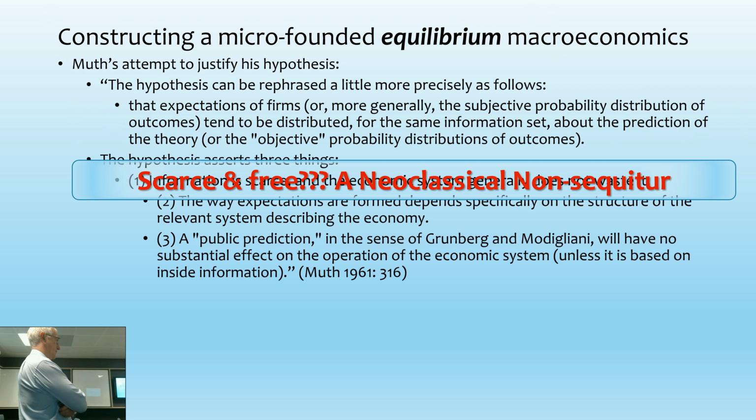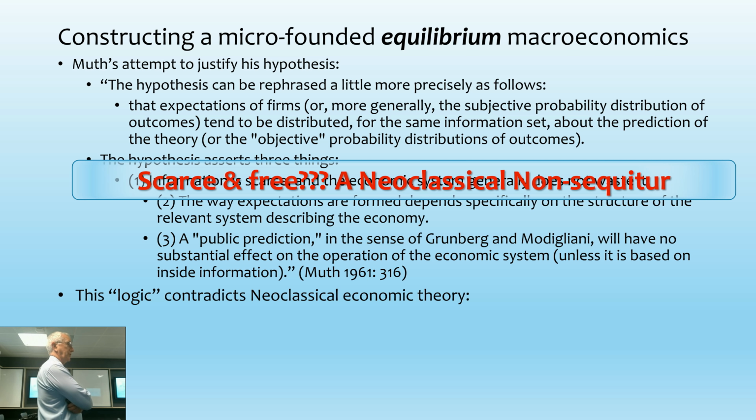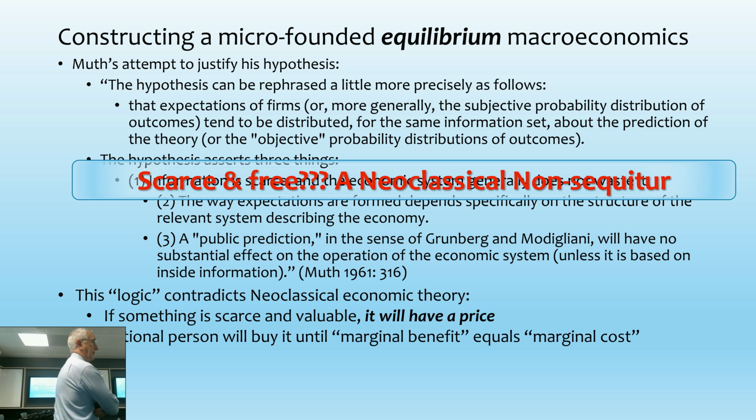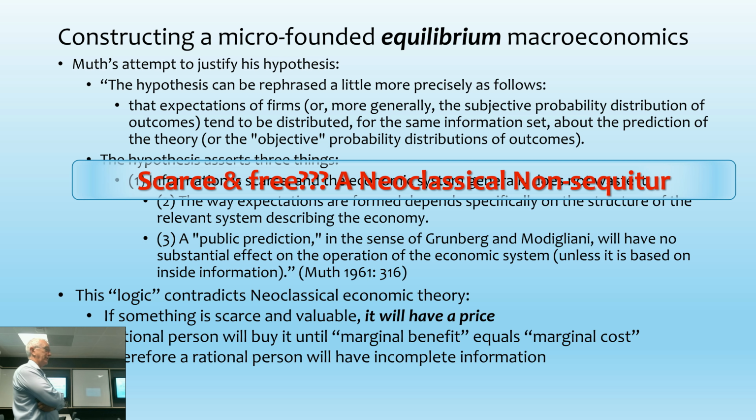That's a non sequitur. The neoclassical theory tells you that if something is scarce and valuable, okay, it's going to have a price. If it has a price, how much will you demand of it? Well, if you're a rational person, you'll buy it until such time as the marginal benefit equals the marginal cost. Okay? Will you therefore consume an infinite amount of information? Of course not. You're going to have incomplete information.